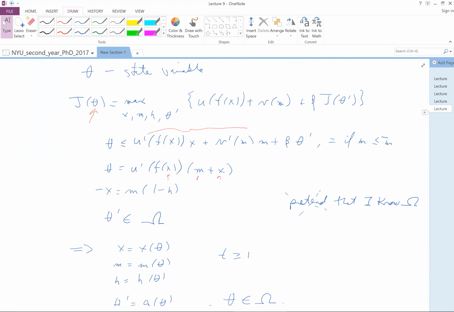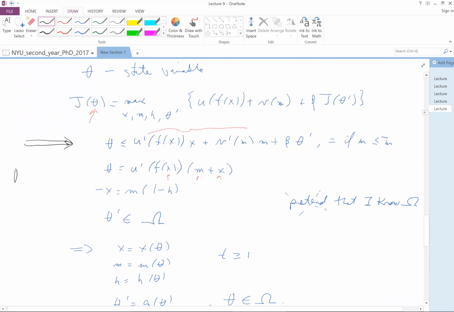Now, something that Chang does that's very clever is he uses thetas, or continuation thetas, as a one-dimensional variable that completely summarizes or characterizes all aspects of continuation competitive equilibria that the Ramsey planner or the continuation Ramsey planner cares about.